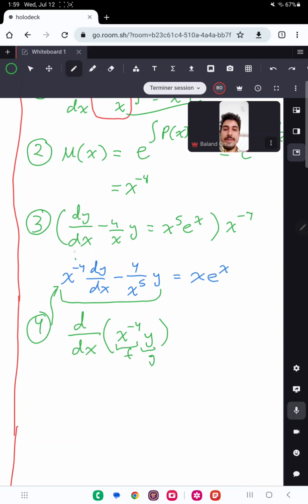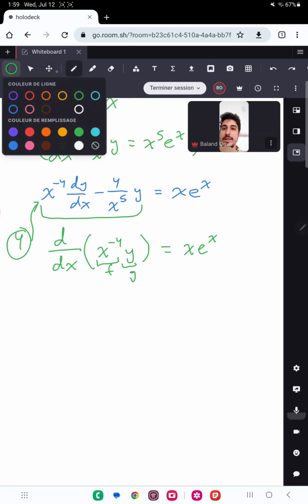So this is f g prime plus g f prime. You see how it all relates? The product rule is really useful in this case because it helped us to regroup the terms together and simplify them. That's equal to, as always, x to the e to the x, right?